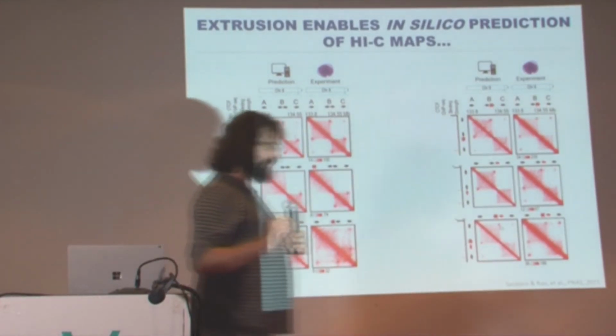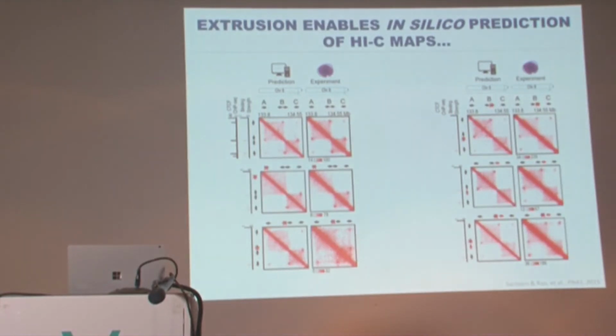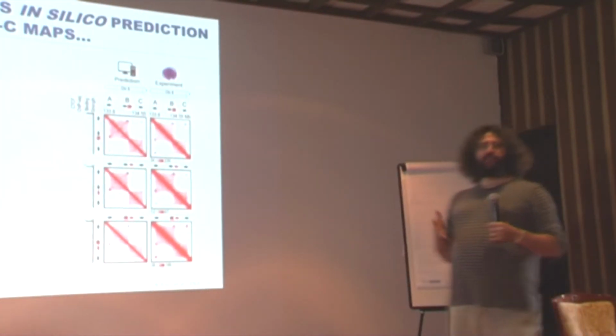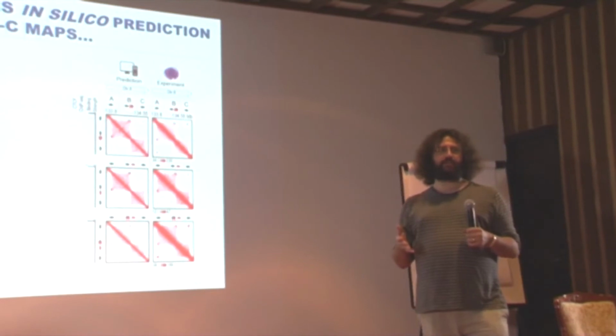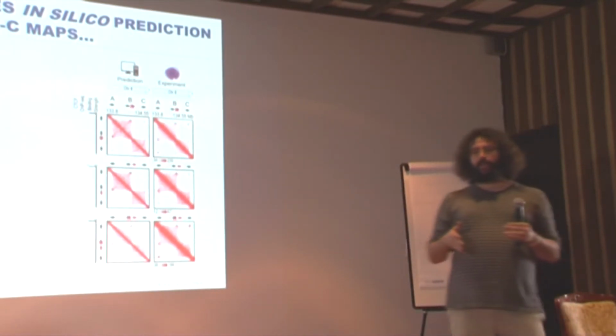And I want to highlight that one of the predictions of the extrusion model came from one of these cases where writing out the simulations was helpful to us in thinking through the cases. You realize that you need to have a behavior for the following case: what happens when cohesins run into one another?